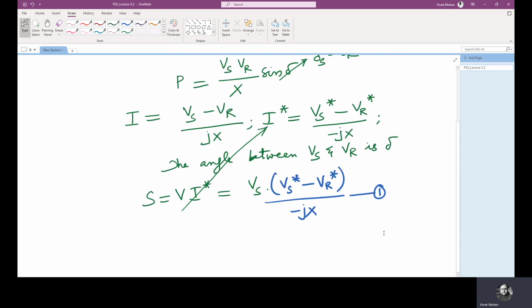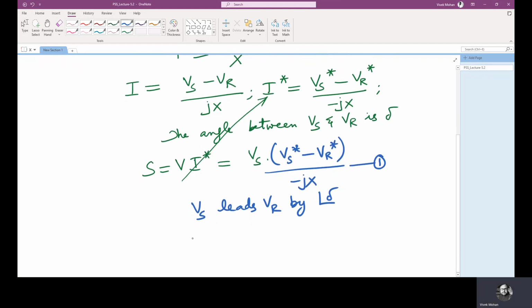Now let's assume that Vs leads Vr by angle del. Then how will you write Vr? Let Vr be the reference voltage, so let it be angle 0, and Vr conjugate equals the magnitude of Vr, since the angle is 0.